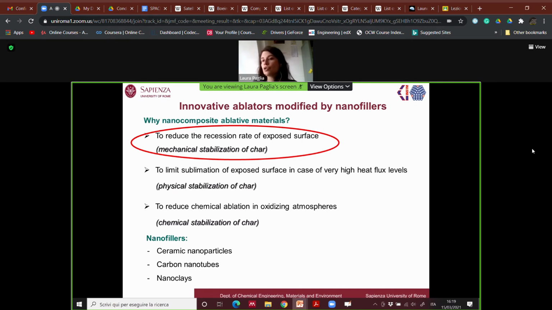And another choice are the ceramic nanoparticles. Ceramic nanoparticles are important because obviously they bring with them all the characteristics of the ceramic, so low density, low thermal conductivity. Okay.